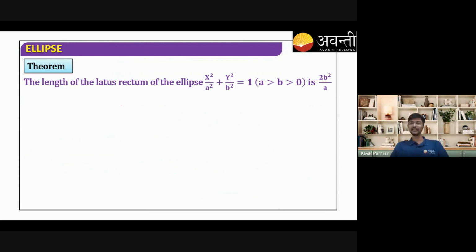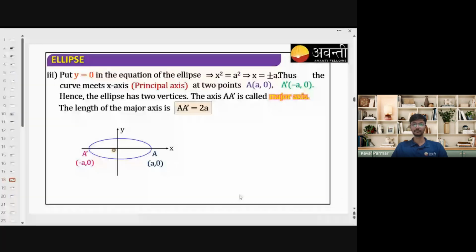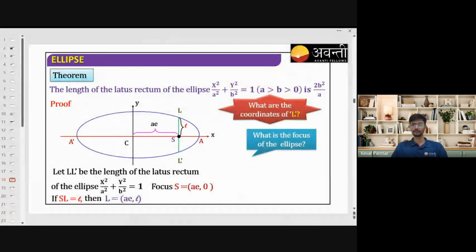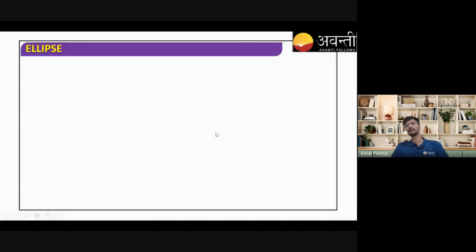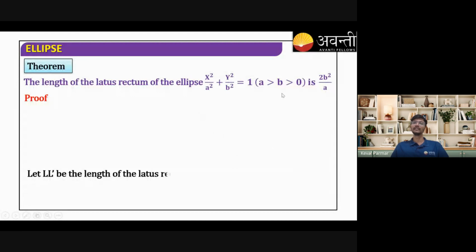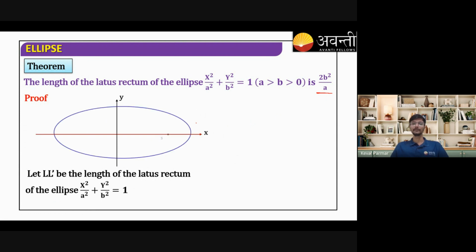Now, the length of the latus rectum of this ellipse is 2b square by a, as Grisha correctly said. Chalo. What is the proof? So let this be the latus rectum. Let us name it L and L dash.